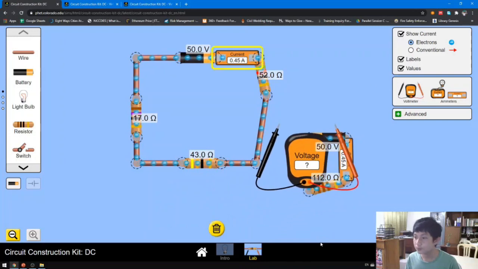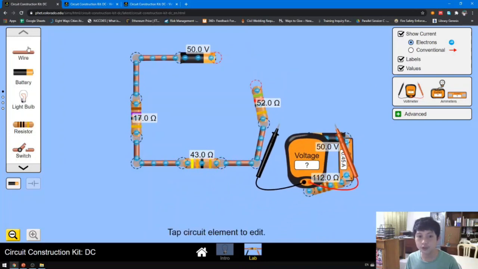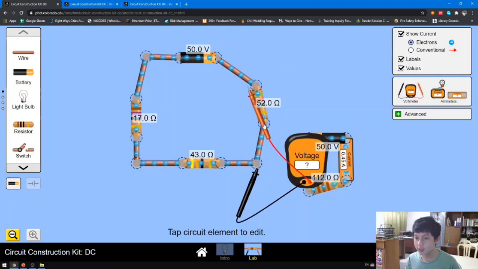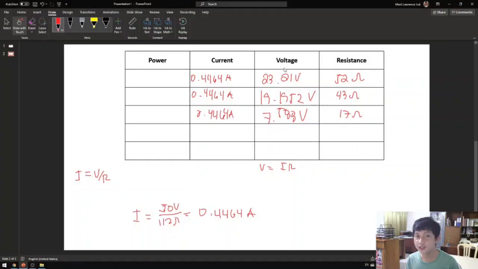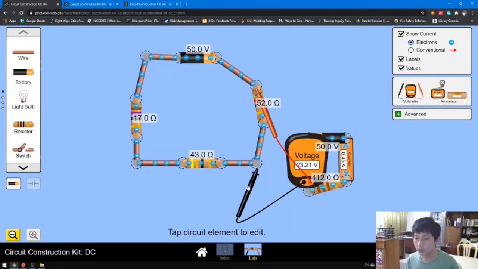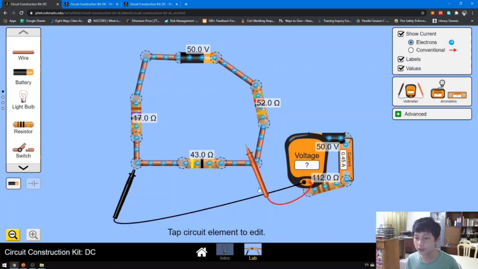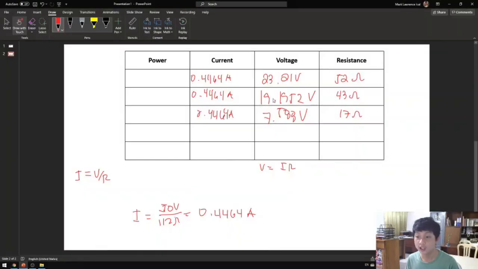Let's try and check using a voltmeter here. The voltage across the 52 ohm resistor is 23.21. Okay, so we got it. How about across the 43 ohm resistor? We have 19.1952 here.